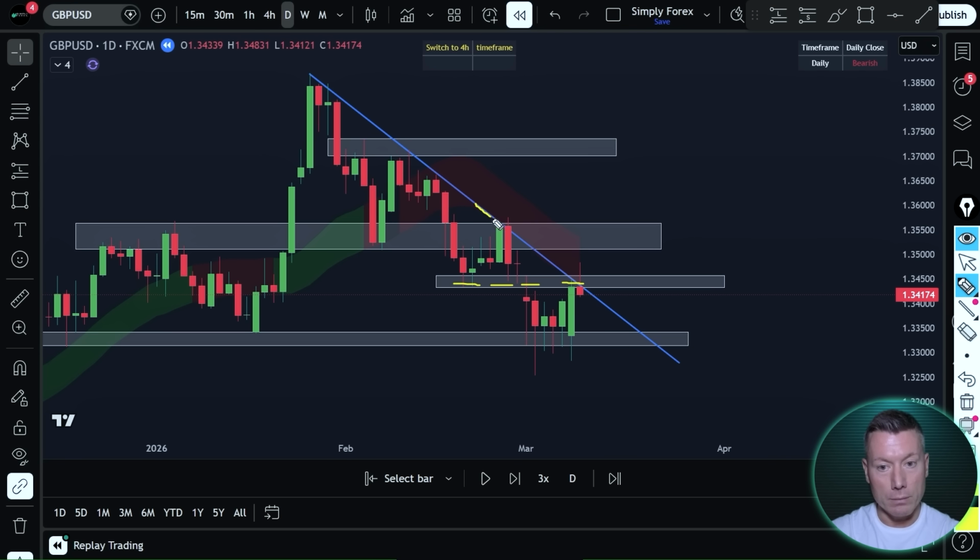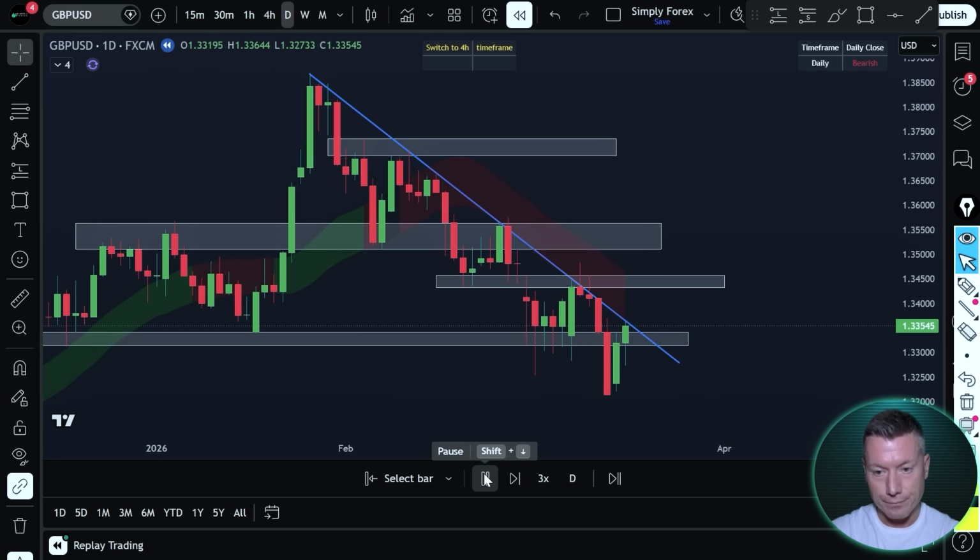Plus, we've got the trend line still intact, and we've got our smart river coming down as well. Lots of confluence, great level to sell from. Again, I'm only looking to take price down to the next piece of support, stops above here, and I would let some profit run potentially. Okay, so let's see how this one plays out.